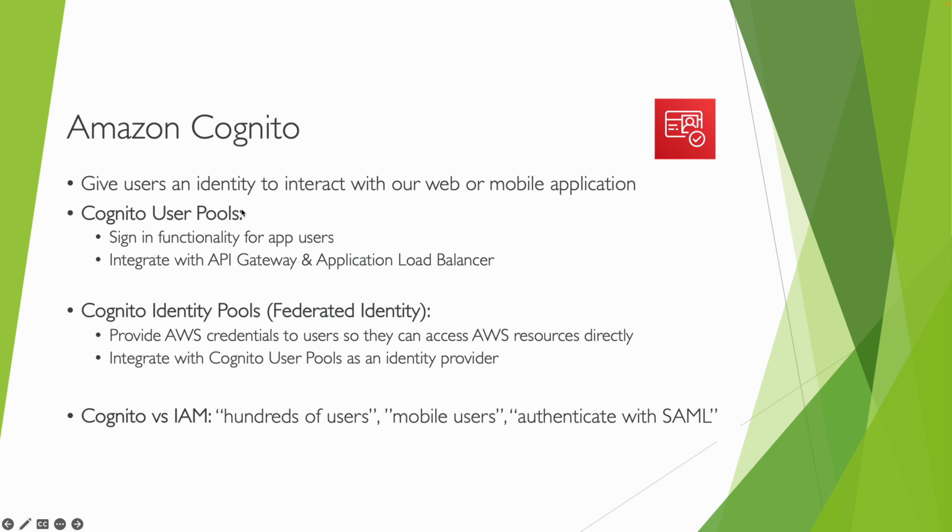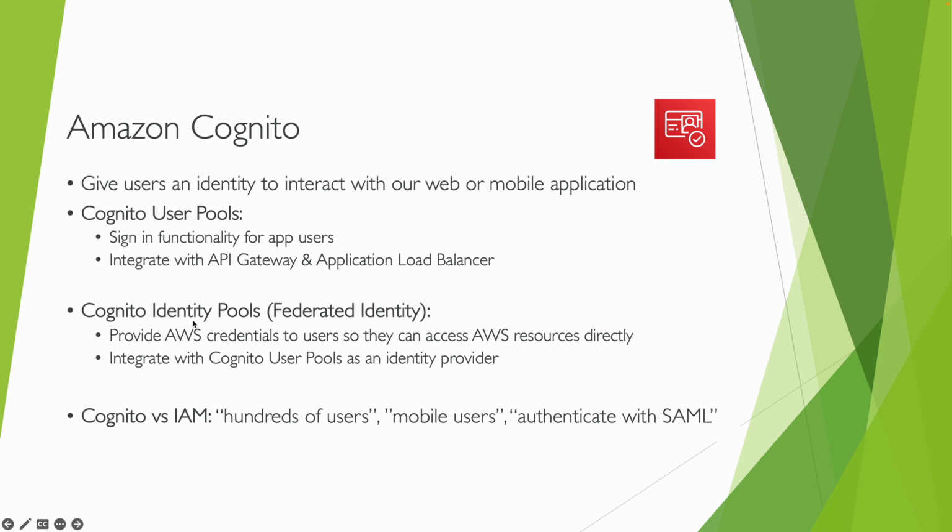So Cognito user pools is the sign-in functionality for app users. It integrates with API Gateway and application load balancer, so you can integrate this with these two AWS services. Then Cognito identity pools, federated identity, is one more thing, which provides AWS credentials to users so that they can access AWS resources directly. Users in the Cognito user pool are using external applications, not the AWS services.